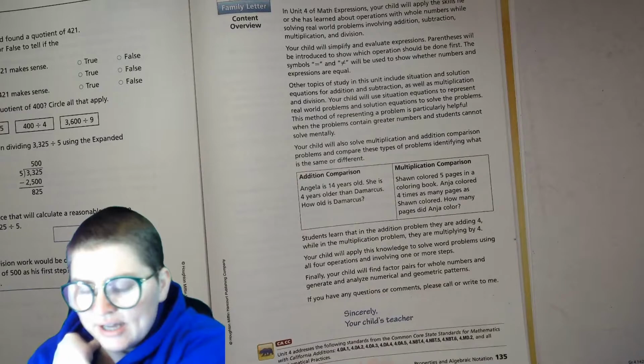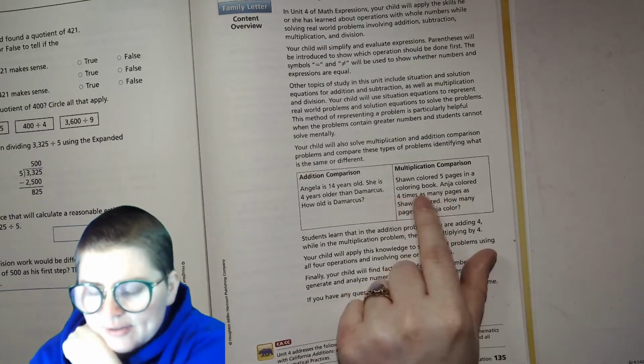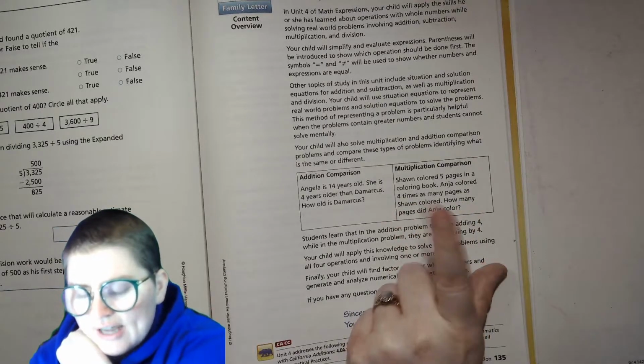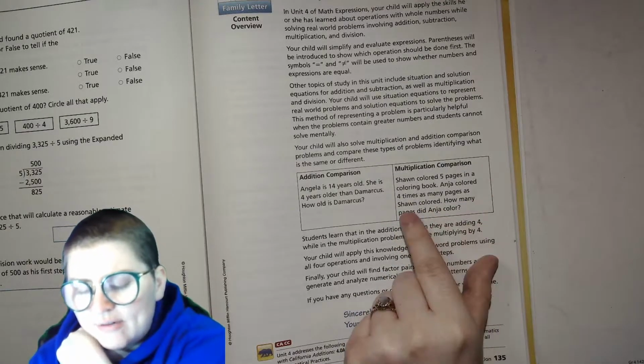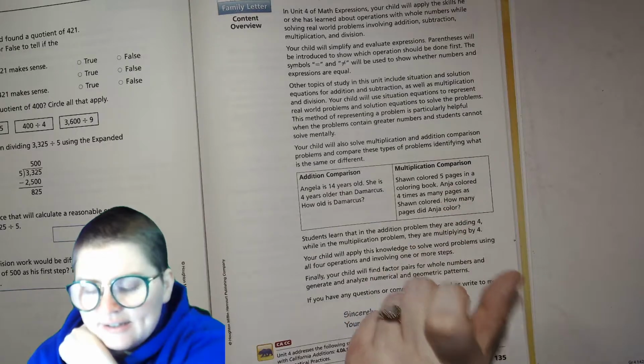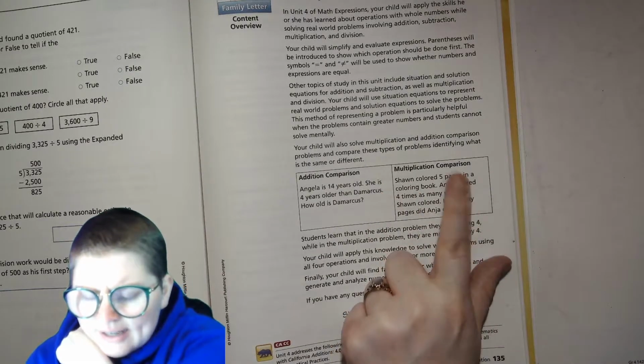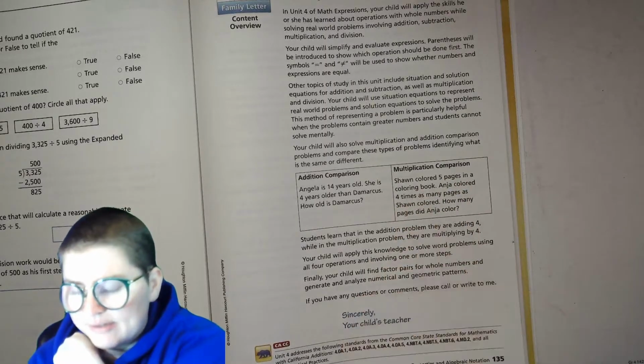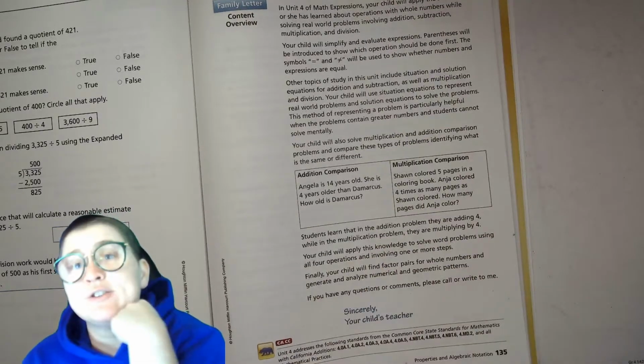Multiplication comparison. Sean colored 5 pages in a coloring book. Anya colored 4 times as many pages as Sean colored. How many pages did Anya color? Well, that would be A equals 5 times 4, right? Because it's Sean's 5 multiplied by 4. It's using multiplication.